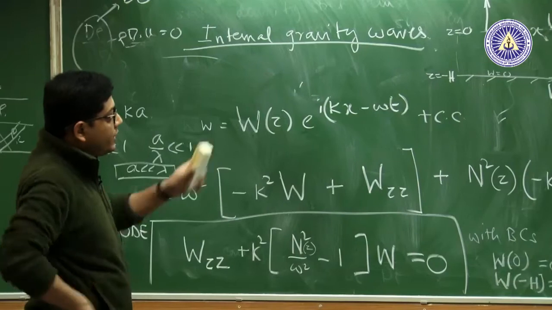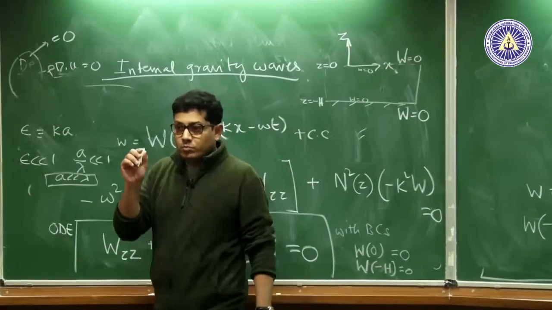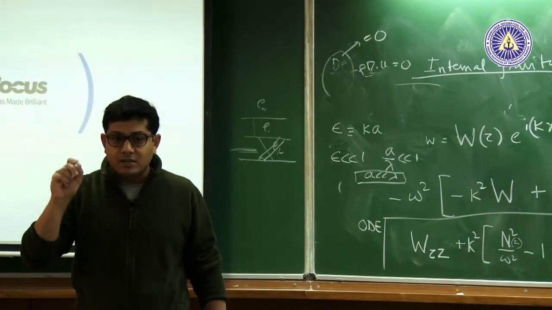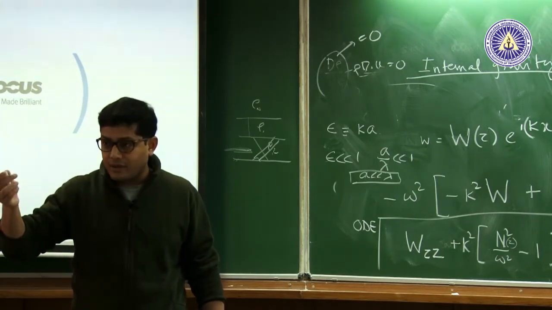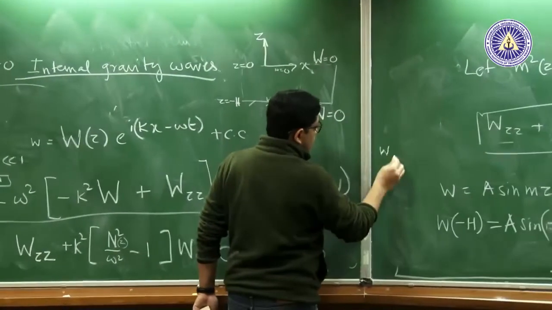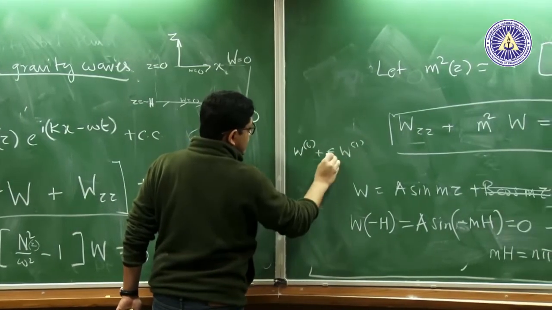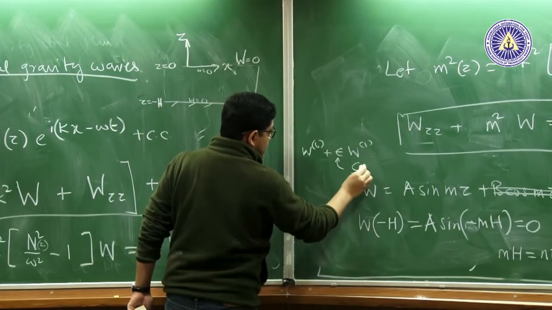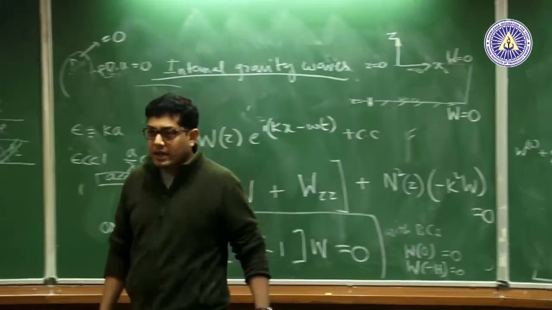A lot of it has to do with the ratio between the surface waves and the internal waves, c squared by c surface gravity wave squared, something like that comes. It is an order of magnitude thing: your w velocity, if you expand, is w0 plus epsilon w1 and so on. This ratio, c internal gravity wave squared by c surface gravity wave squared, is a very small quantity, you can throw it away and it turns out to be 0.